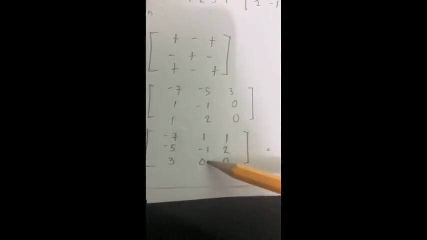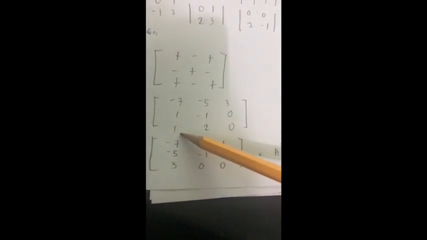So let's see, 1, negative 1 and 0, put it in the second lane, or y-axis: 1, negative 1, 0, 1, 2 and 0, 1, 2 and 0, just like this. Horizontal to vertical, then multiply it by 1/3, and this is the inverse matrix answer.